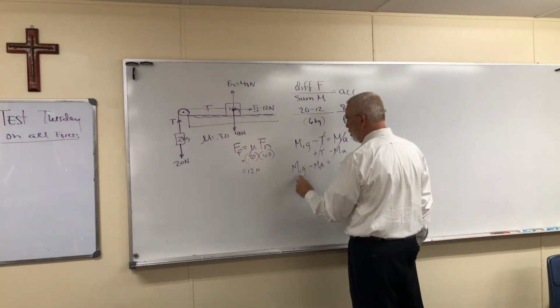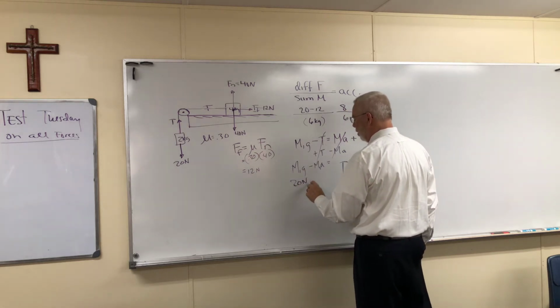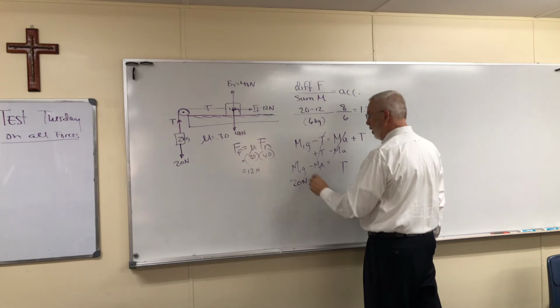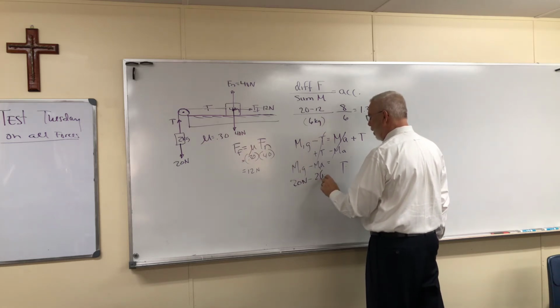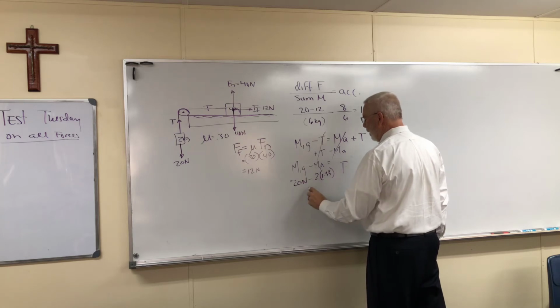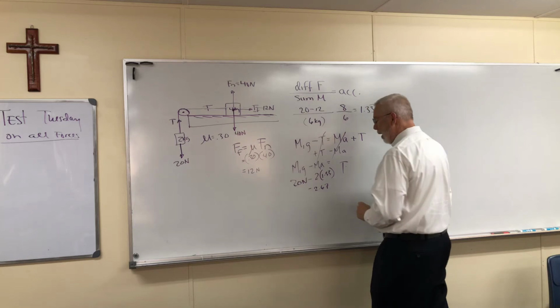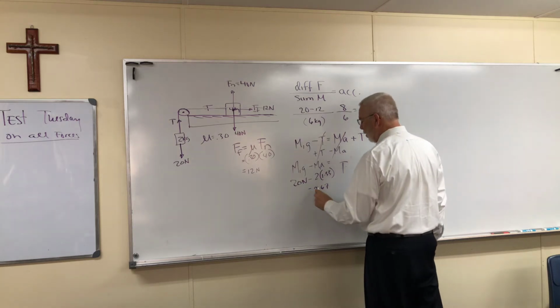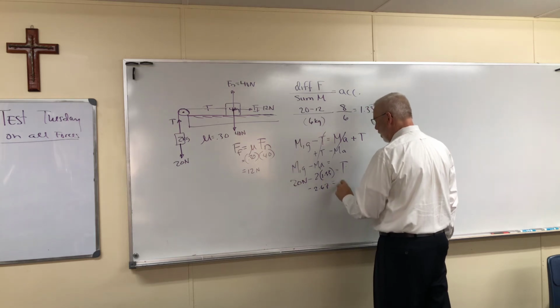So M1 G is just 20 newtons. Now that's going to be minus 2 times 1.33, repeating, so that's going to be 2.67 if we round it off. And so we're going to subtract 2.67 from 20 to get the tension.